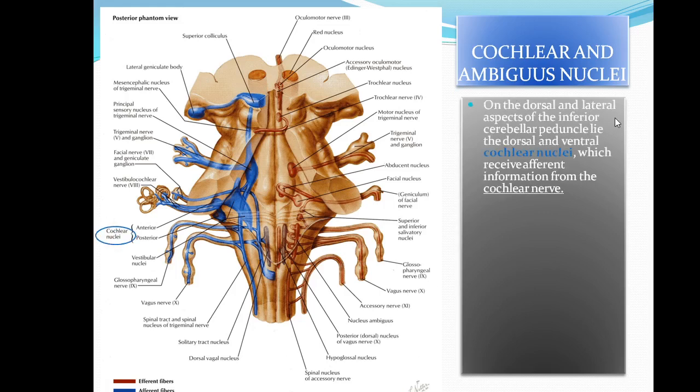On the dorsal and the lateral aspect of the inferior cerebellar peduncle lie the dorsal and ventral cochlear nuclei, which receive afferent information from the cochlear nerve. Deep beneath the ventricular floor, just dorsal to the inferior olivary nucleus, is located the nucleus ambiguus.